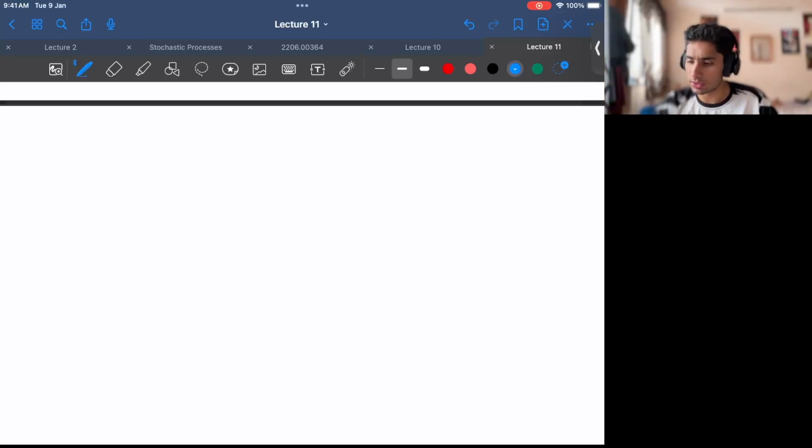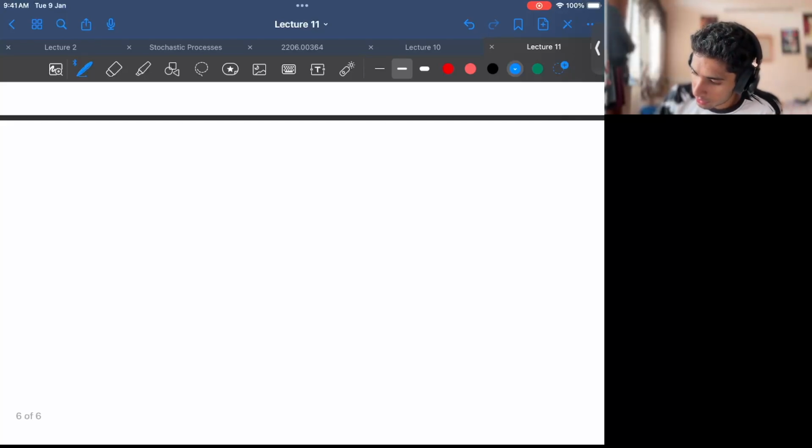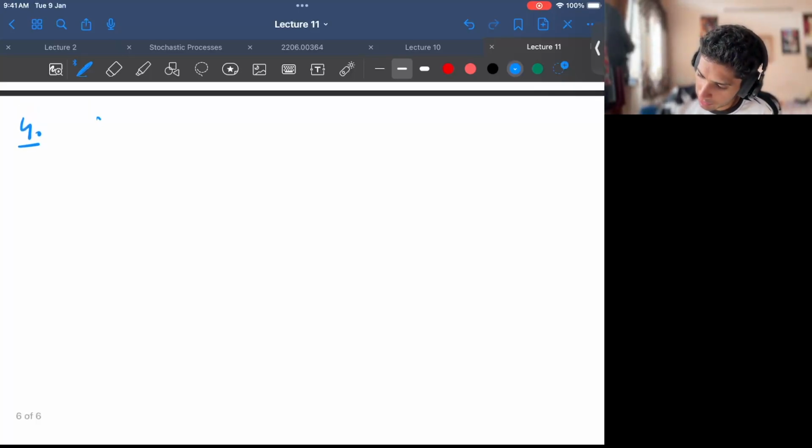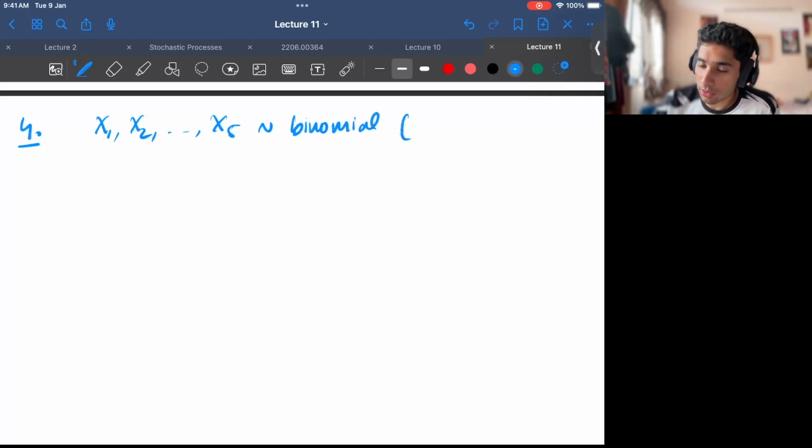So let's solve this question then. Okay, so this will be the fourth question, right? The fourth question is, you have some samples x1, x2 till x5, which are sampled from binomial 1 comma p, where p is between 0 and 1.